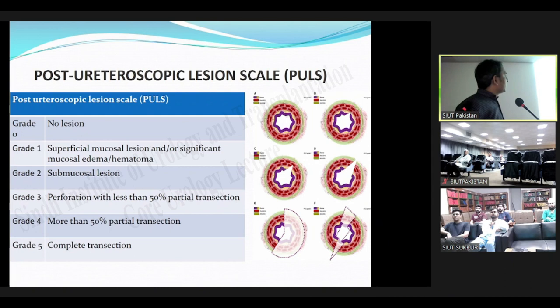At grade 2 there will be a submucosal lesion, and at grade 3 there will be perforation with less than 50% of partial transection. At grade 4 there will be more than 50% of partial transection, and at grade 5 there will be complete transection.